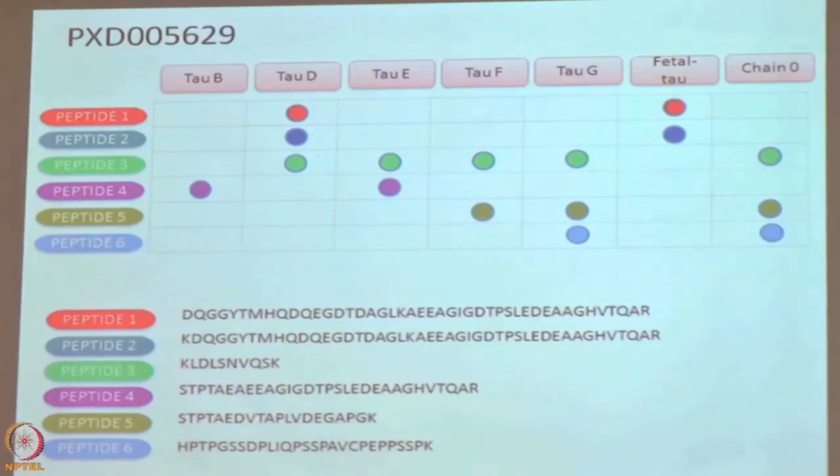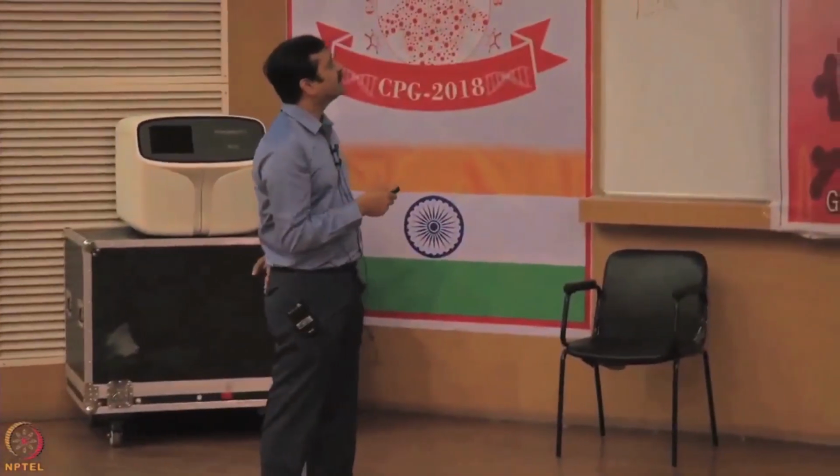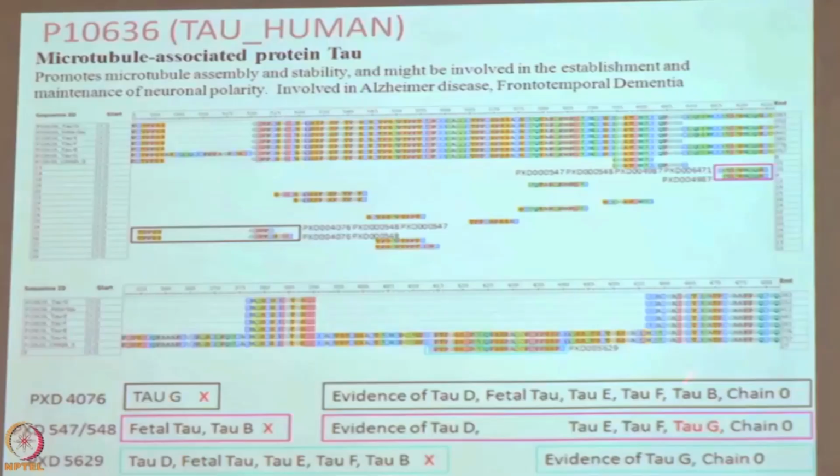Okay, so there is no simple solution to this problem. Even the answer that I will give you, we can spend another half an hour debating, but we chose it like this. We mapped all these peptides onto their transcript. As you can see, for every match, we say there is evidence for D, tau, fetal E, F, but not G. For the pink peptide, these are all possible, not these two.